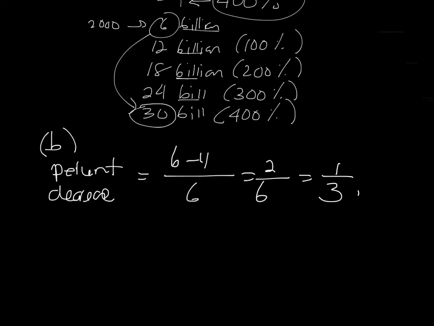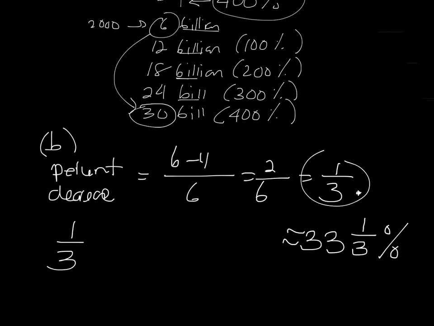Okay, and a third, if you punch in your calculator, is going to be 0.33333 or 33 1/3%. So this is really 33 1/3 percent. If you want to even say, so you have 1/3, and in your calculator it's 0.3333, and it keeps repeating.